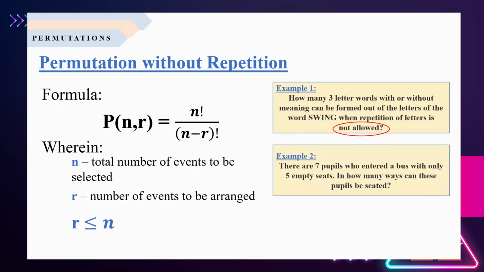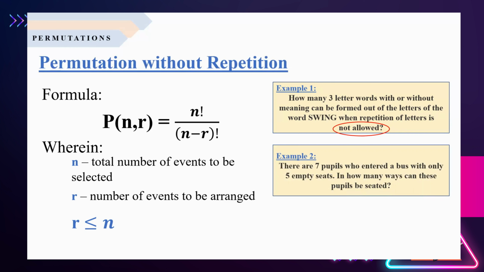Example number 2, there are 7 pupils who entered a bus with only 5 empty seats. In how many ways can these pupils be seated? So, hindi natin makita yung word na without repetition or the words na not allowed. Pero kung iintindihin natin na example number 2, merong 7 pupils na pumasok sa bus at meron lang 5 upuan.